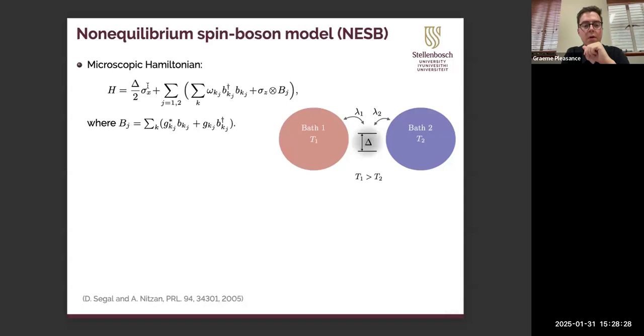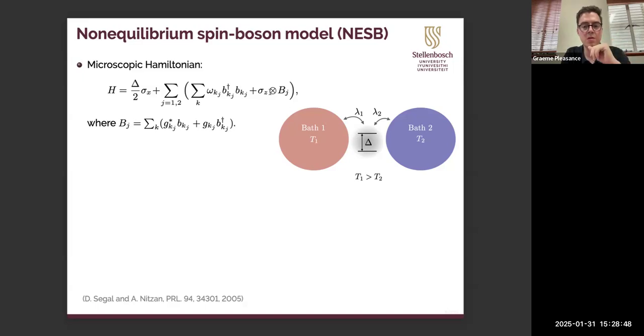So you basically have the Hamiltonian of the total system given here. You have a two-level system with some energy splitting delta. This interacts with a hot reservoir and a cold reservoir, which are initially assumed to be in thermal equilibrium.